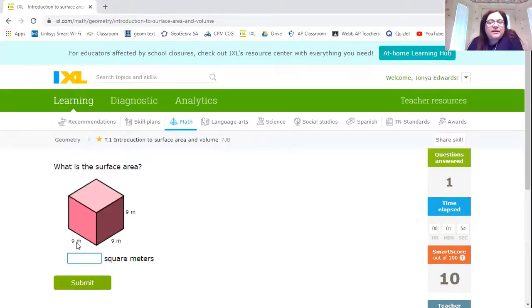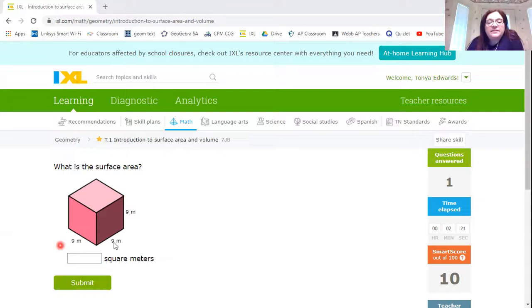What's the surface area? 9 by 9 by 9. Now guys, make sure when you're doing this, this is introduction to surface area and volume. So make sure you're looking at what they're asking for. When I did this, I missed a couple because I was giving volume instead of surface area. So surface area, again, this is a cube, not just because it looks like it, but because this is 9, this is 9, this is 9.